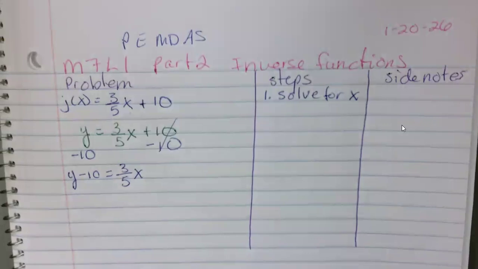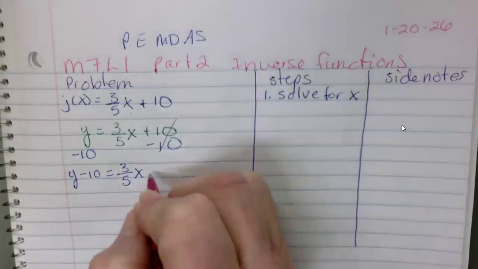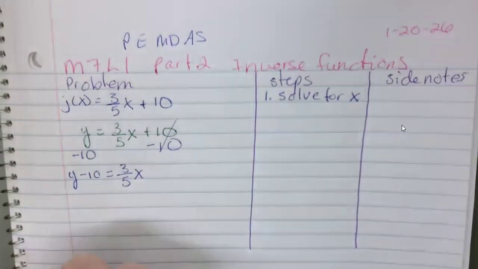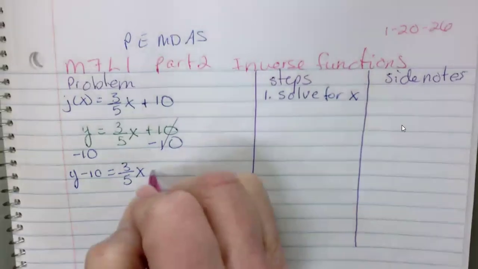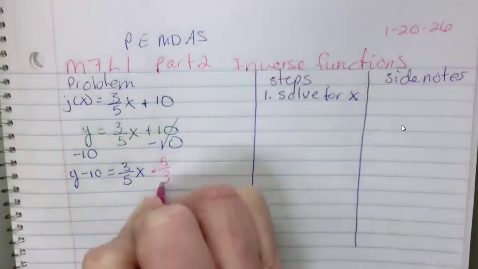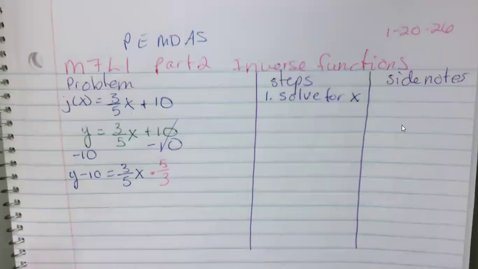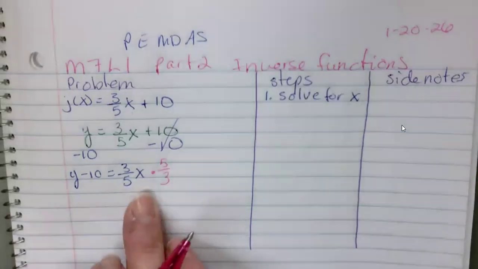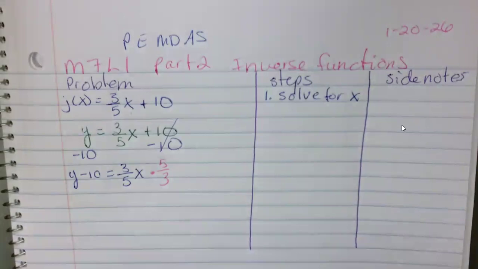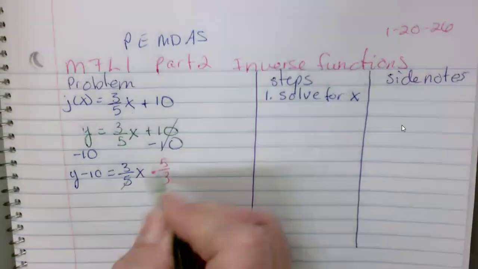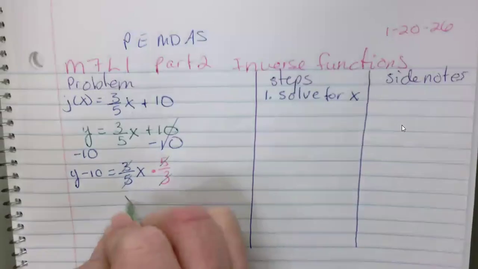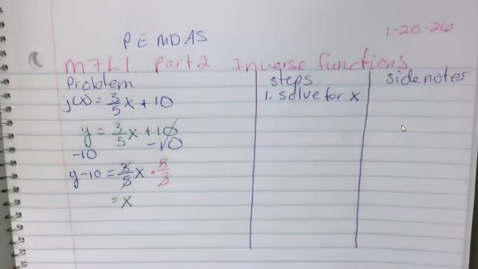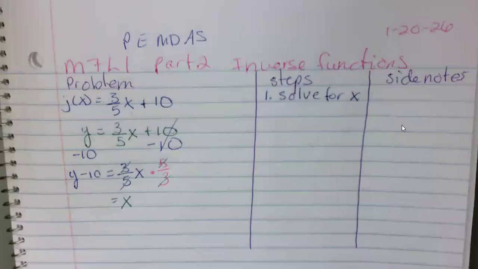Now, a beautiful thing we could do, and I'm going to do this twice, is to multiply times 5/3, okay? And the reason that this would be beautiful is because the 5s would cancel and the 3s would cancel, and we would be left with just one x, because 3 divided by 3 is 1, 5 divided by 5 is 1, right?